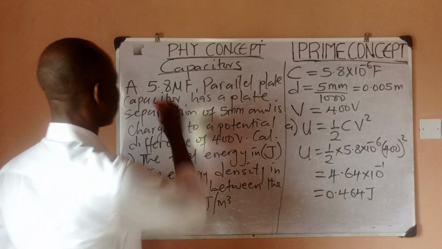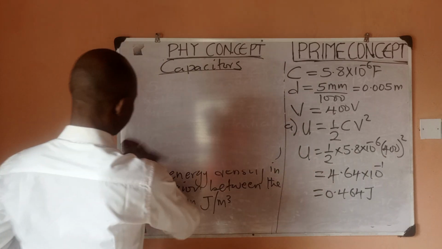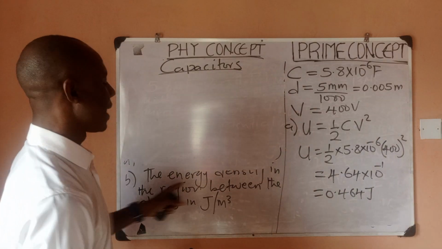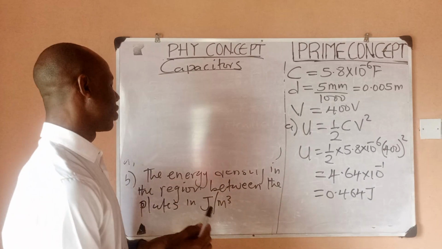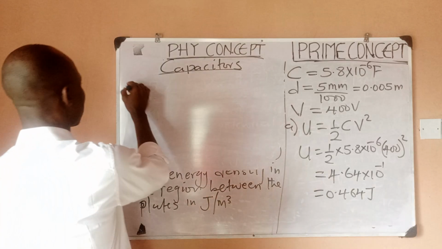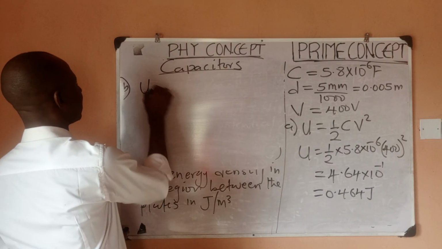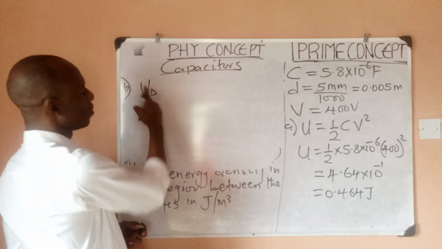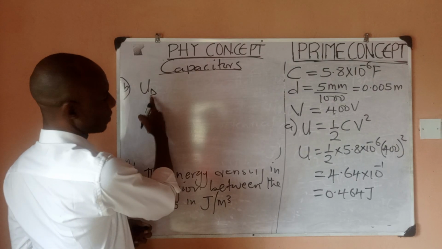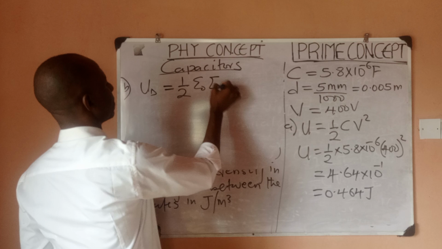Now the second part of the question says that we should calculate the energy density in the region between the plates of the capacitor in joule per meter cube. And you recall from one of my videos I explained energy density. Energy density is denoted with small letter u and a subscript d, and it is half epsilon naught E squared.